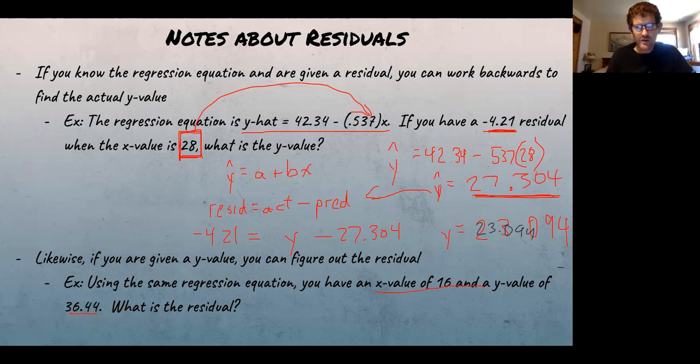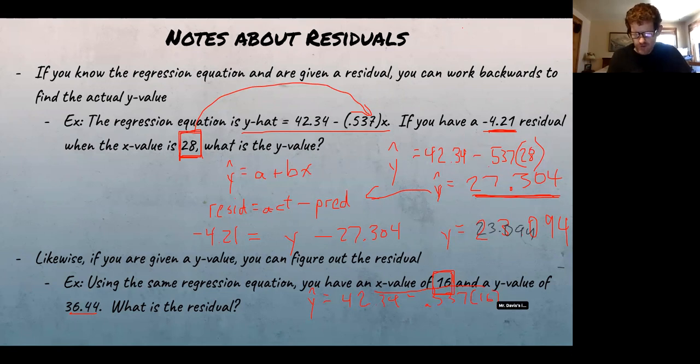And so if you're trying to figure out the residual of it, you need to figure out the predicted value that would happen at the x value first. So even though (16, 36.44) is your actual point, we're only worried about the 16 to start off with. Because our y hat equals 42.34 minus 0.537 times 16. I'm not going to worry about that.